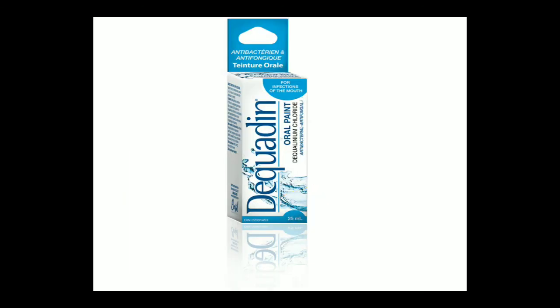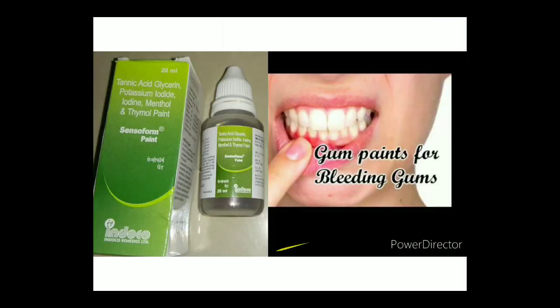Next one, Decwadin oral paint. It is most commonly used to produce antibacterial and antifungal actions, as an anti-infective agent. Next one, Sensoform paint, used to treat bleeding gums.